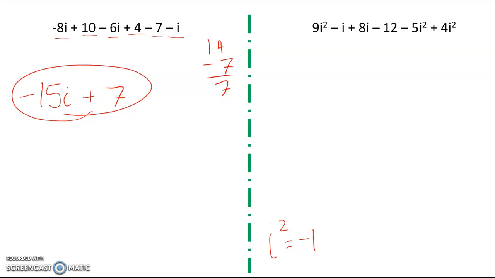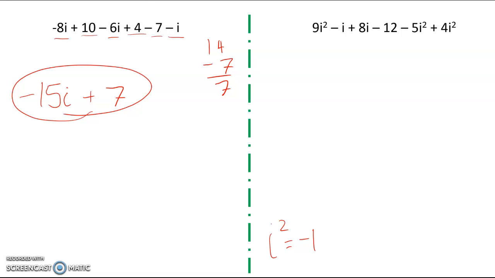There's a couple different things. You can, if you want to, automatically put in the negative 1s for the i squareds, multiply all the i squared values by negative 1, and turn this into a negative 9, turn this into a positive 5, turn this into a negative 4. Or you can just go ahead and simplify what you have already and then go from there.